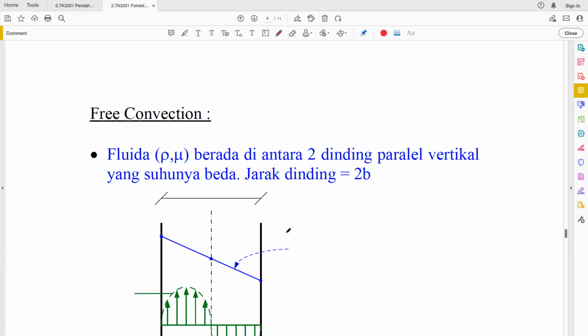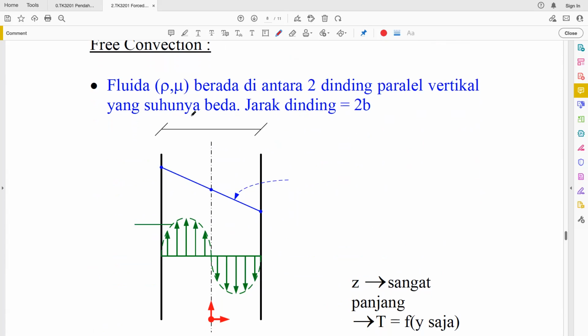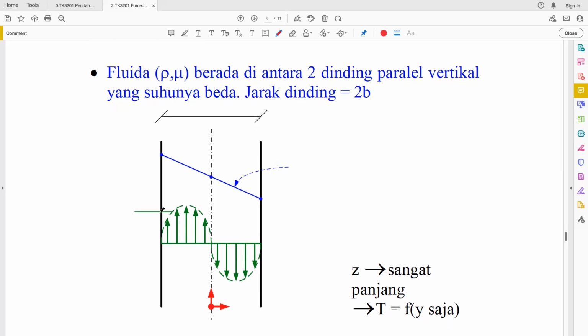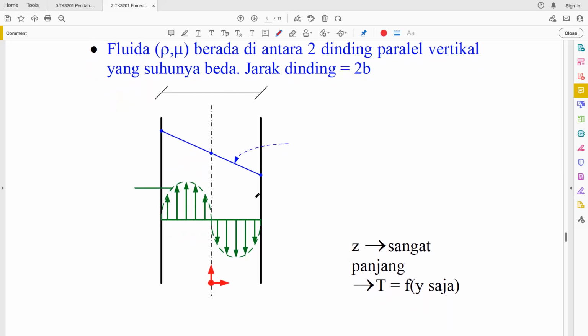Okay, so in free convection, let's just consider that we have a fluid, and the fluid is between two parallel plates, okay, with a difference of temperature. So we have two plates over here, this side and this side, and this plate has a different temperature.